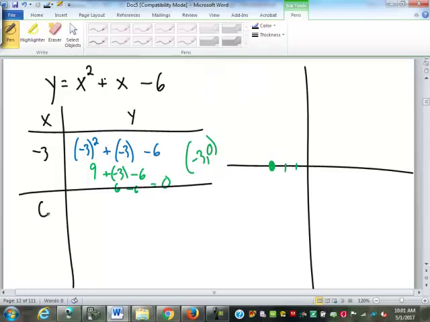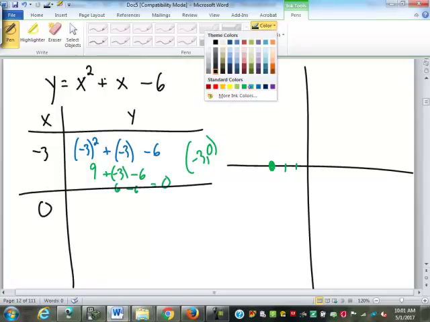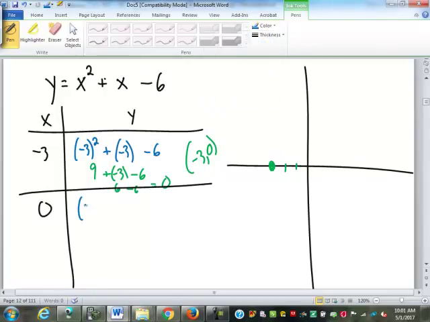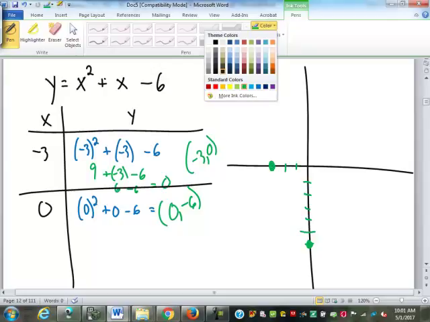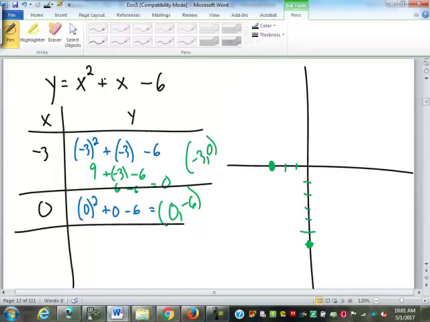Let's try x equals 0. So 0 squared plus 0 minus 6. Well, those are all zeros except for the minus 6. That's going to be (0, -6). So that's a point right there. Let's try positive 3.